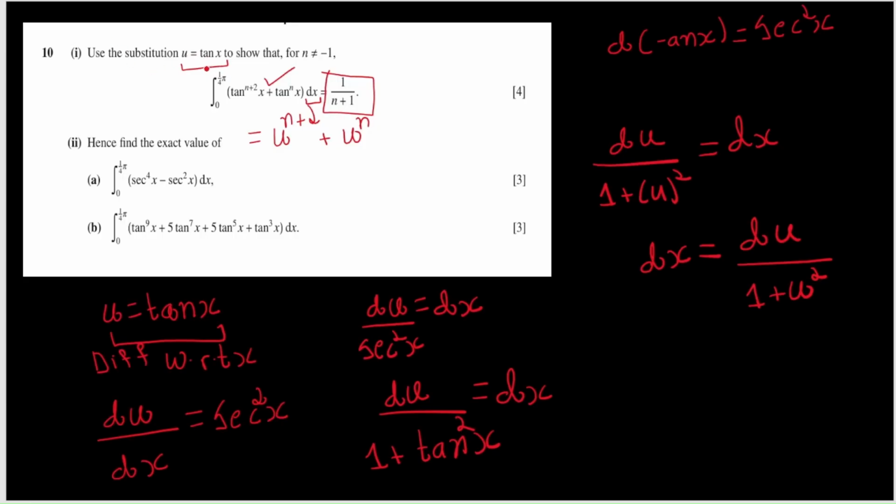Now, one more thing: as you can see, these limits over here are for x, not for u. So we are going to convert these limits in terms of u so they can be used in the u expression. When x is equal to 0, we know that u is equal to tan x.